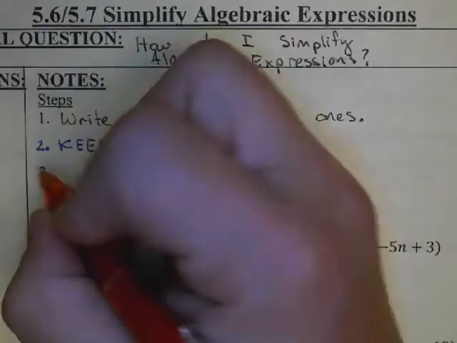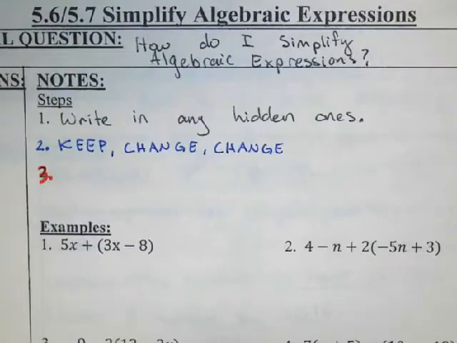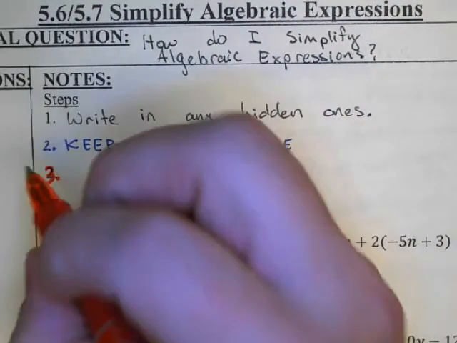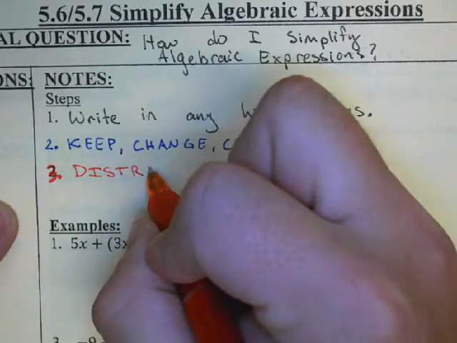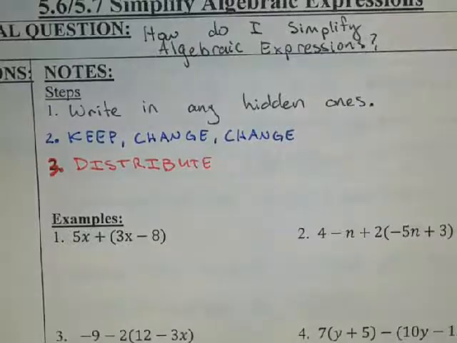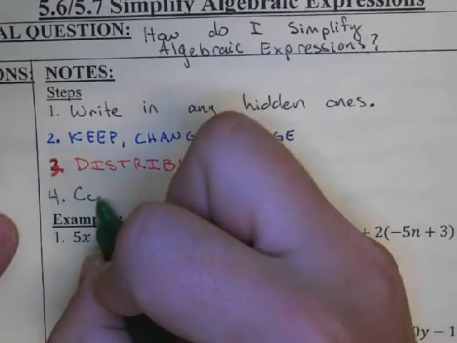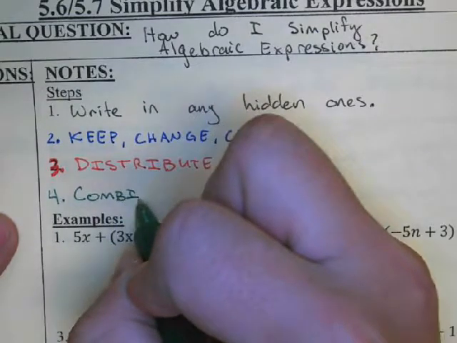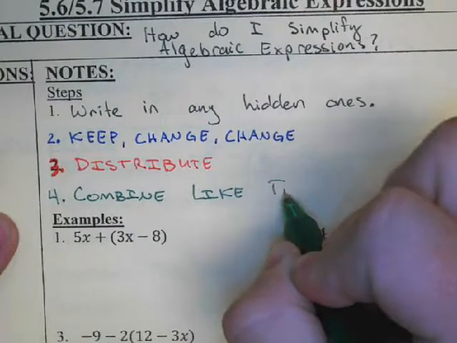And we'll make this our third step. Step number 3 will be distribute. And then our final step will be to combine like terms.